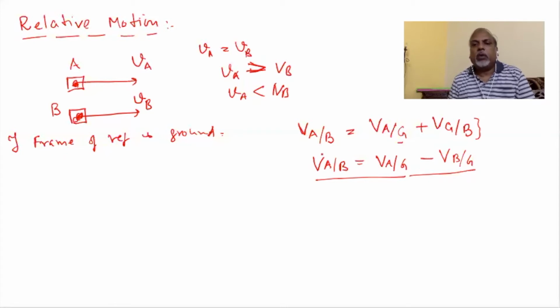So this way you can find out any type of motion relative to something, and you can find out the relative velocities between them. It can be simply written this way also, VAB. In some books this is also followed, VA minus VB.